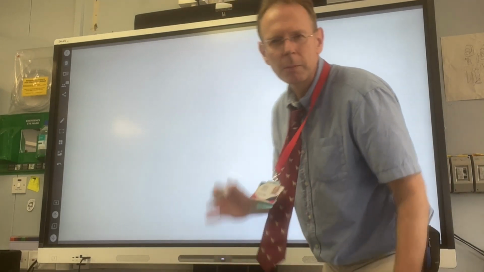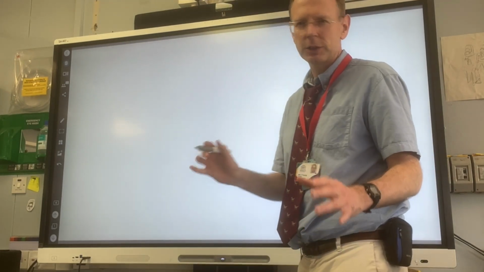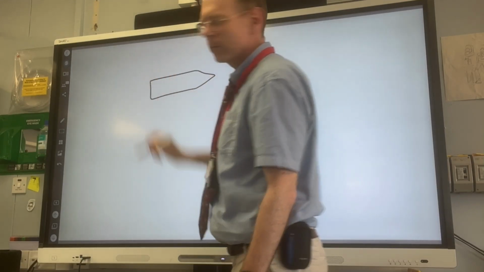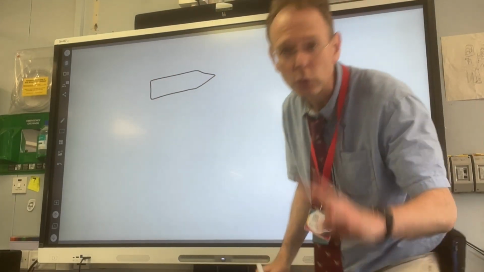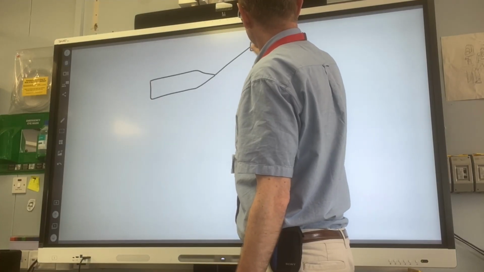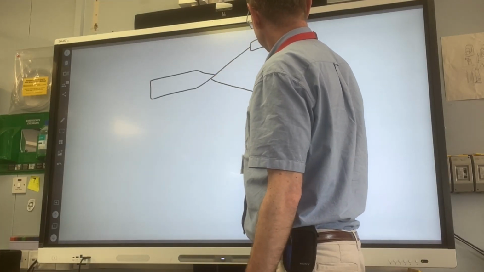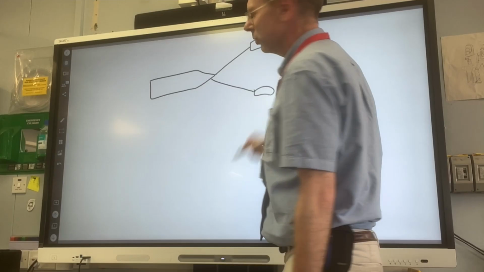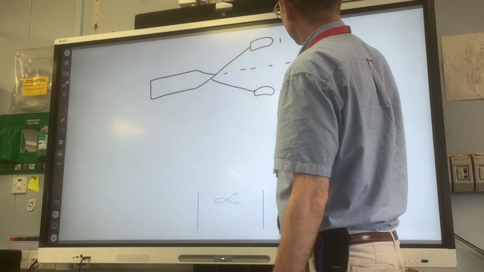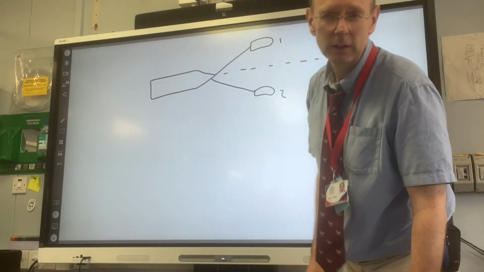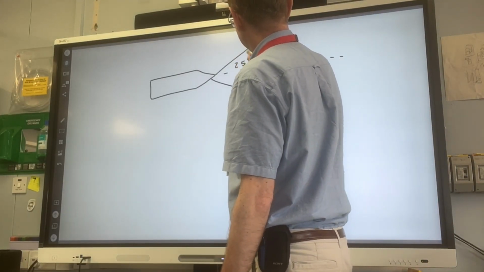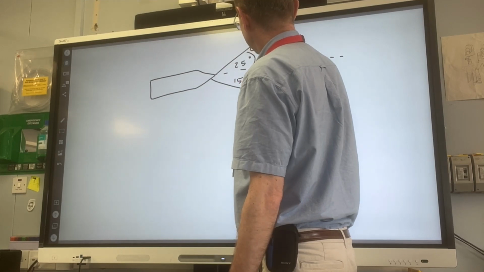So imagine you have a ship. It's being pulled by two tugboats, tugboat 1, tugboat 2. And it gives you the angles. So this is 25 degrees. This is 15 degrees.